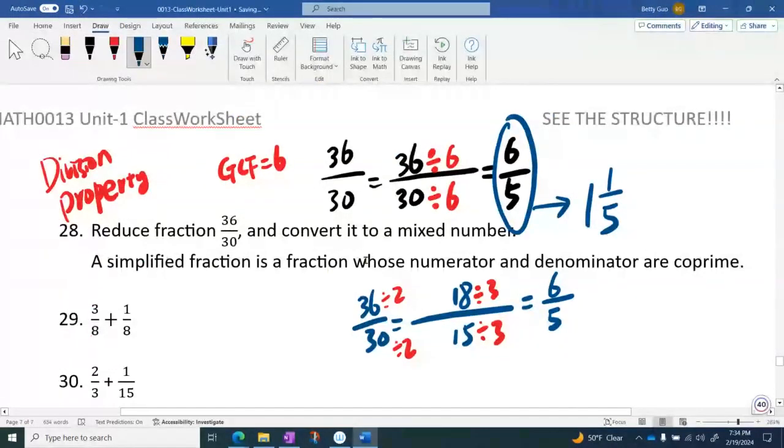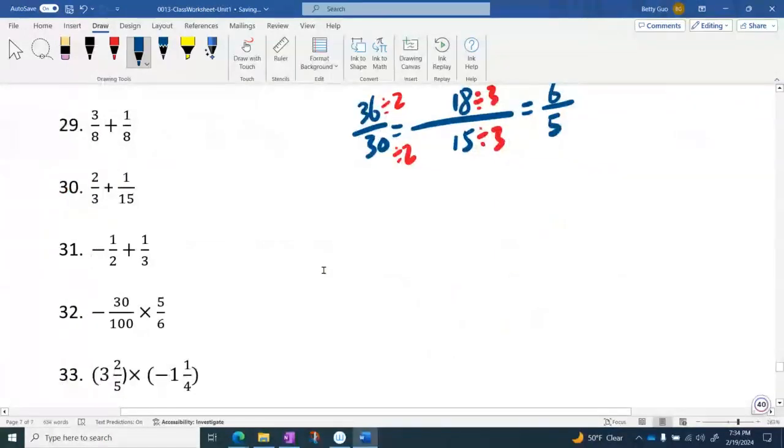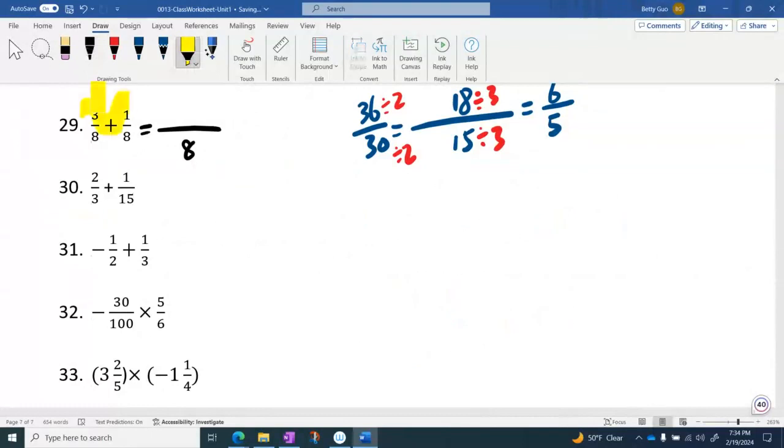Yeah. And next 3 questions are about adding fractions. When we have 2 fractions with the same denominators, we can keep the denominator and add their numerators. So 3 plus 1. 3 plus 1 is 4. 4/8 is 1/2.